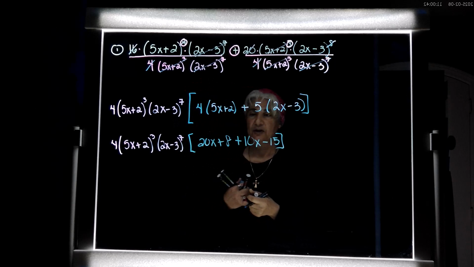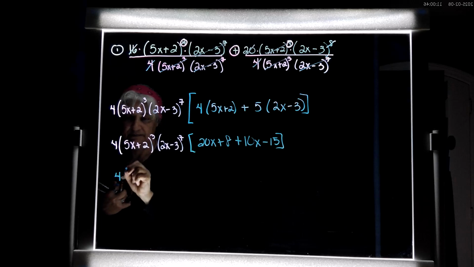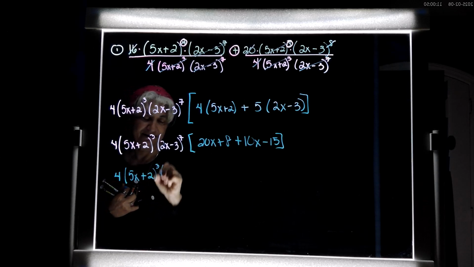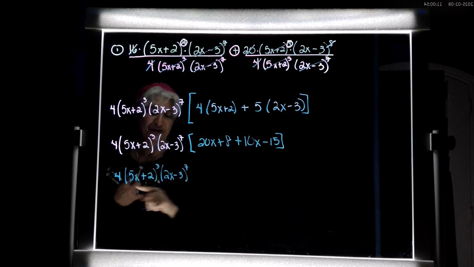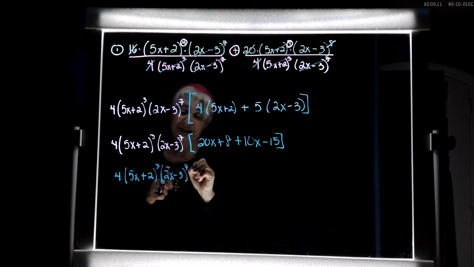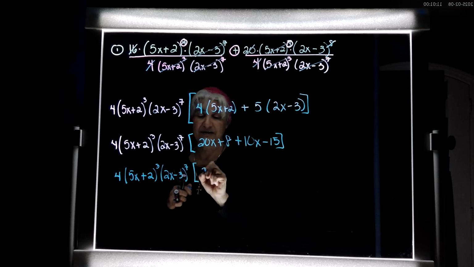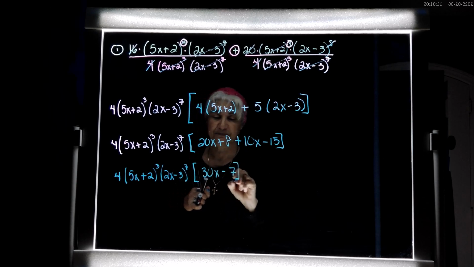Good. Okay, let's simplify those brackets. I know, the bulk of the time sometimes seems like you're just rewriting what you factored out, but it's important to write it. Okay, so 20 and 10, so we have 30x and then minus 7.